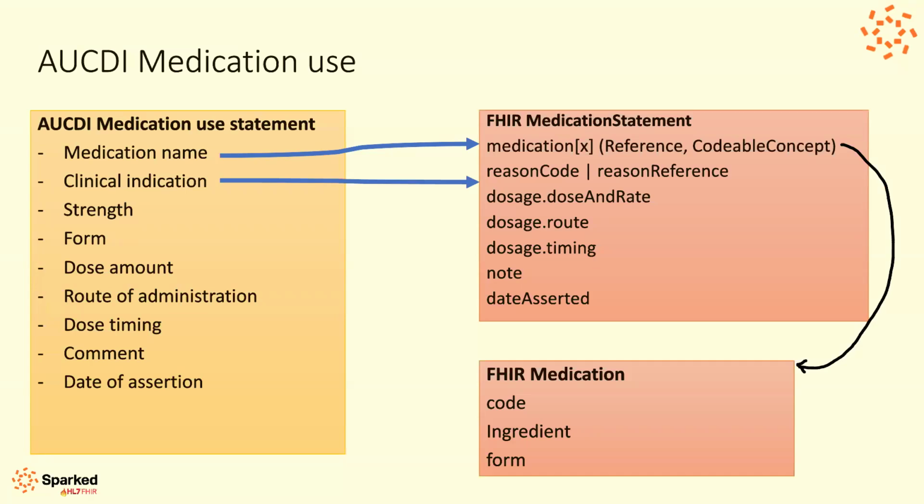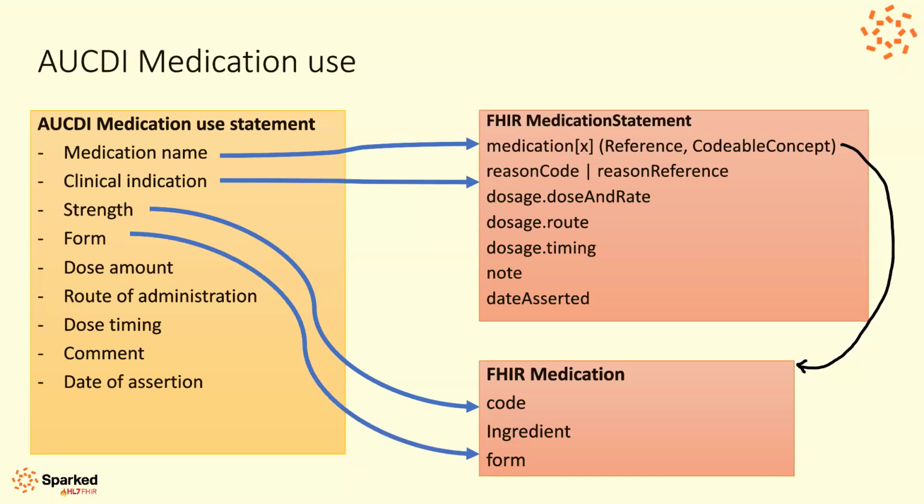We have indications, so that's really the reasons. So we have reason code and reason reference to describe the reason you may be taking the medication. We have a set of things like strength. That's essentially an attribute of the medication itself, so it lives in the code or the medication resource definition.